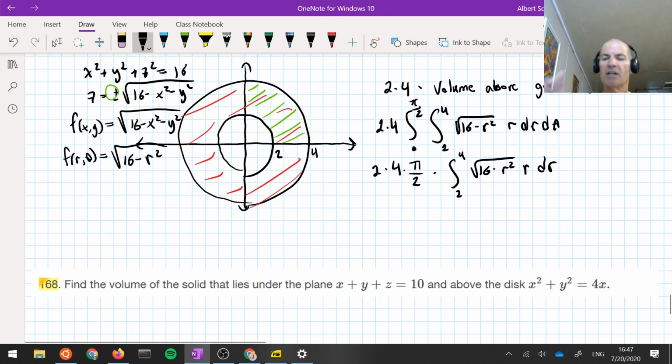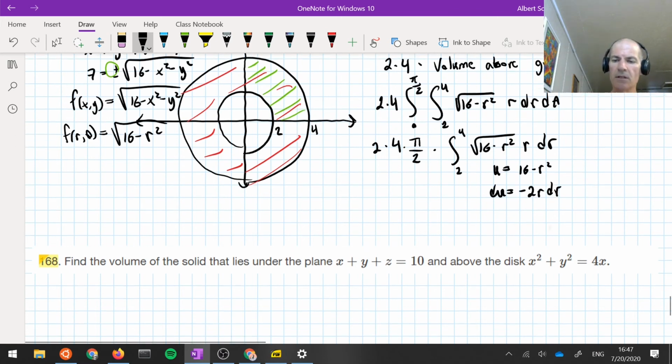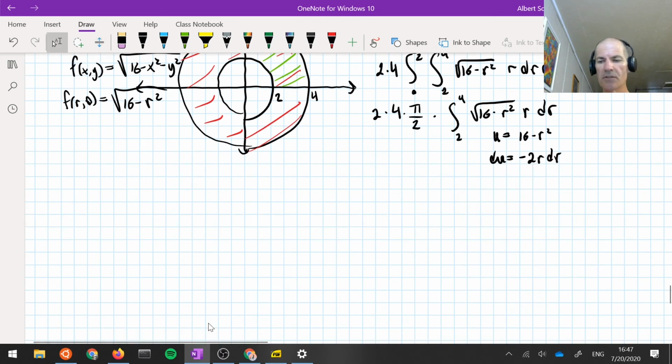But because we're using polar coordinates and because we get that extra factor of r, we've got a nice u du substitution here. u is 16 minus r squared. du is negative 2r dr. Cool. We have an r sitting out there for us to use.